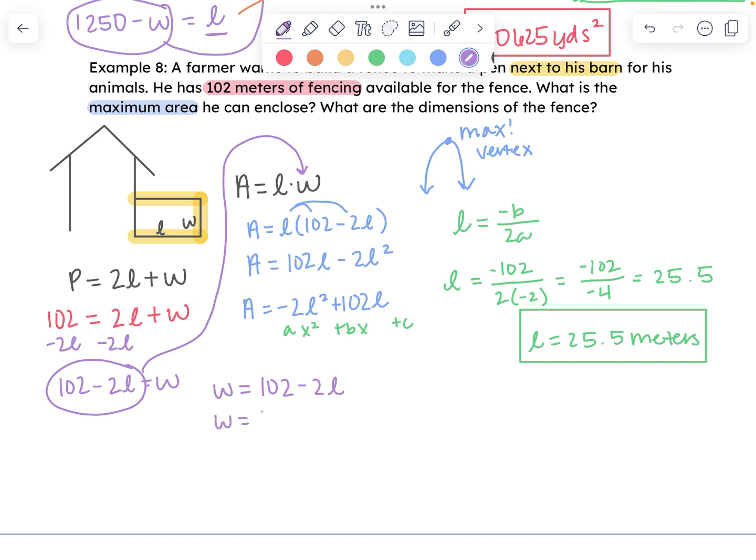So my width is 102 minus 2 times that 25.5. 102 minus 2 times 25.5 is 51, so my width would be 51 meters.